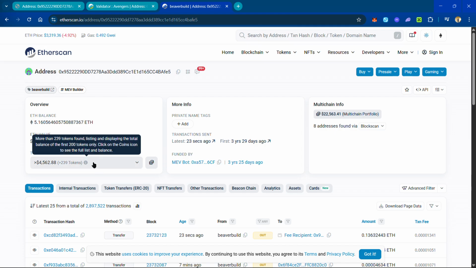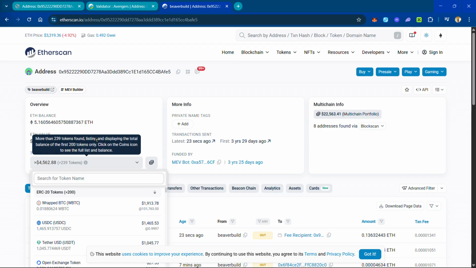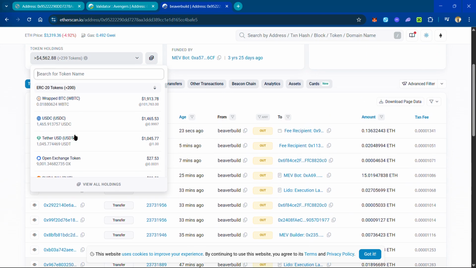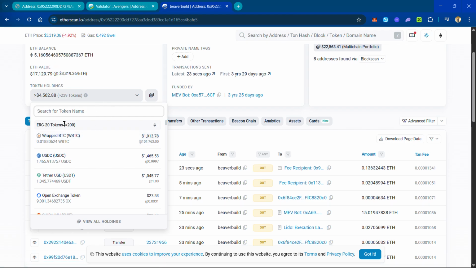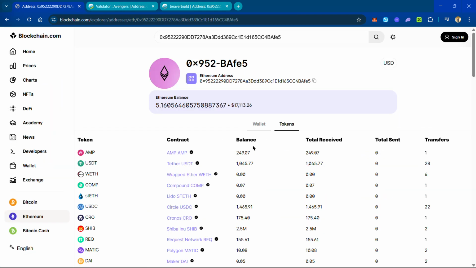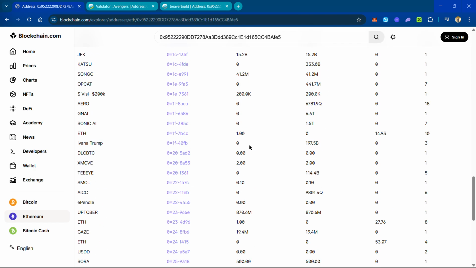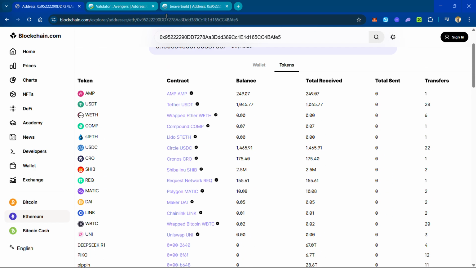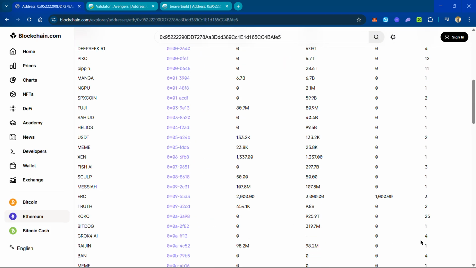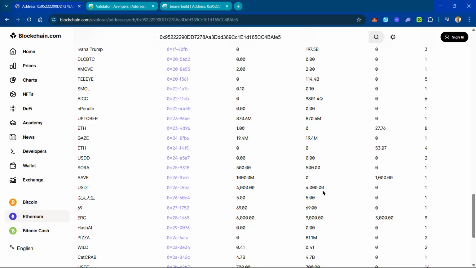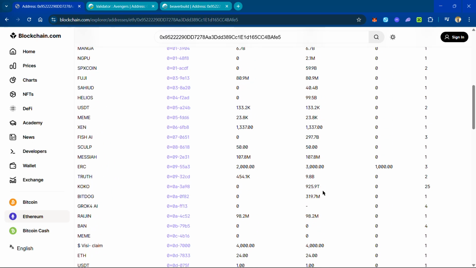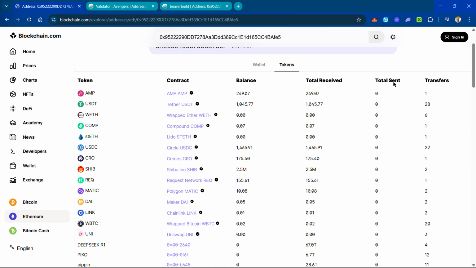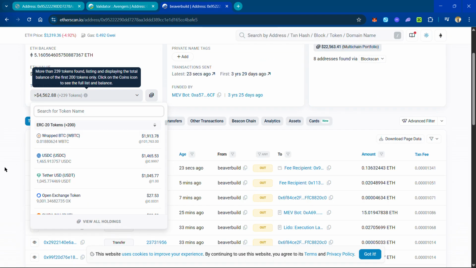Well, here it is 239, but it is showing the first 200 tokens only. You understand? I don't know why it is not showing the remaining ones, but this one is giving more accurate data of the tokens the person is holding. Maybe because there are tokens with nothing inside. Maybe the person has held tokens and sold off. This one is still keeping the transaction, but this one filters it. So it depends on the blockchain explorer you're actually comfortable with.